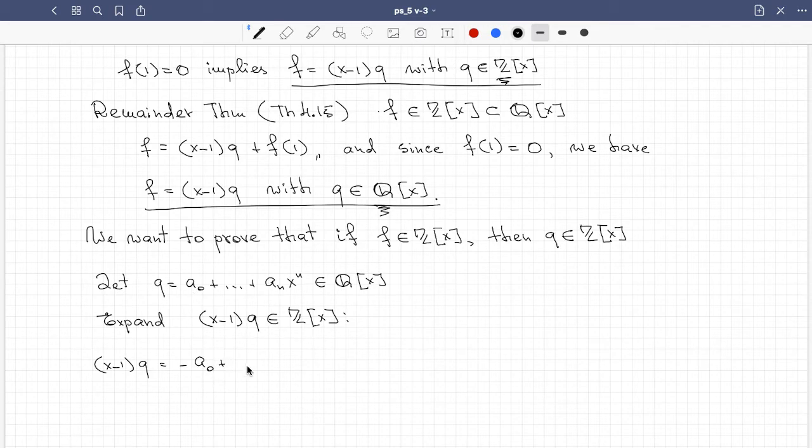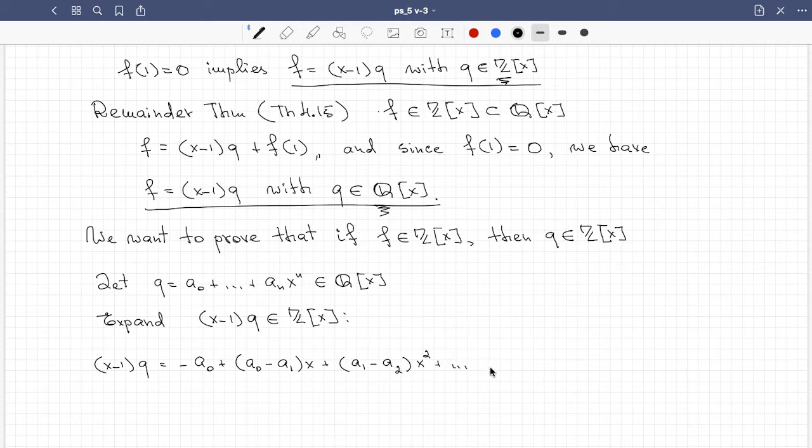So a naught minus a1 times x, plus, for x squared, a1 x squared minus a2 x squared.